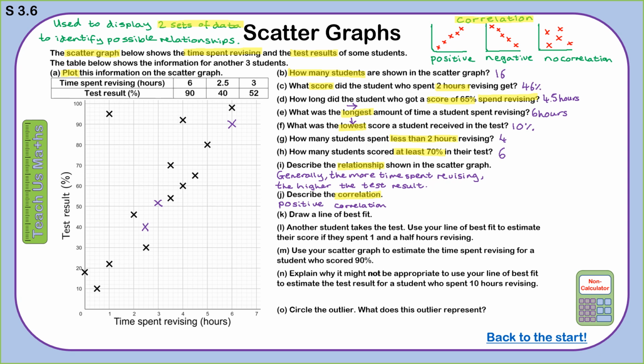Part K. Draw a line of best fit. A line of best fit is a straight line that goes as centrally through the points as possible. It does not have to go through any of the actual points, and you should also try not to force your line to do this.